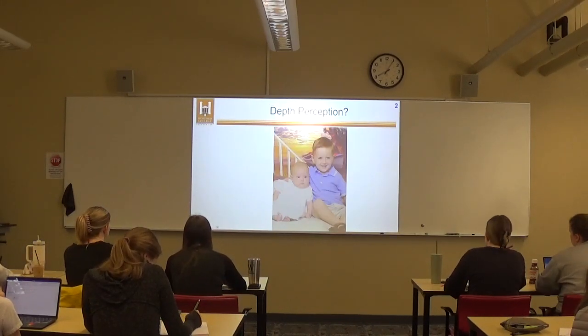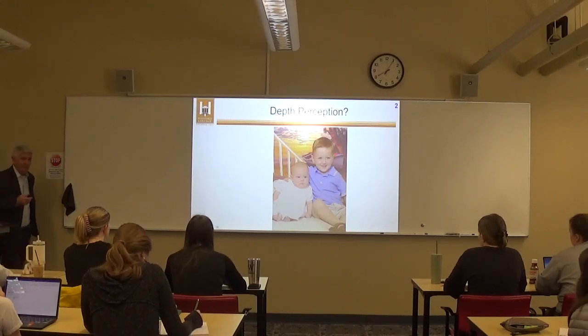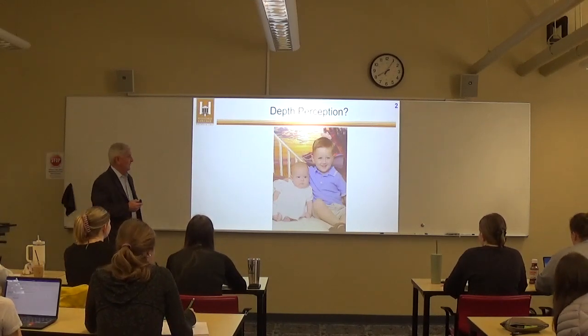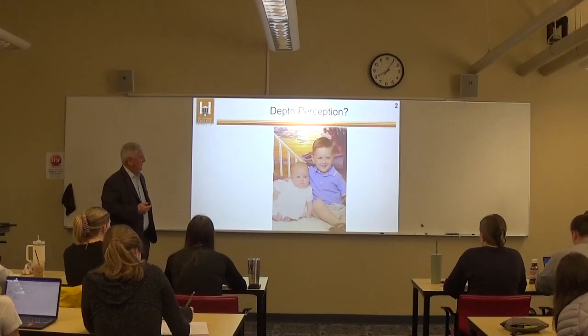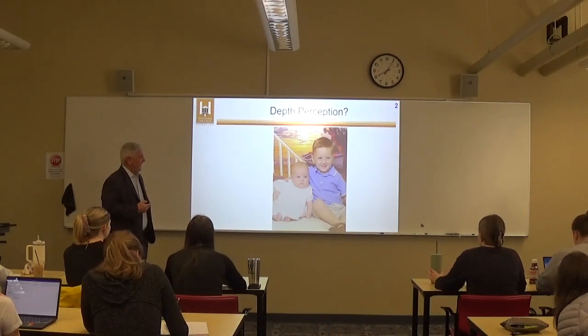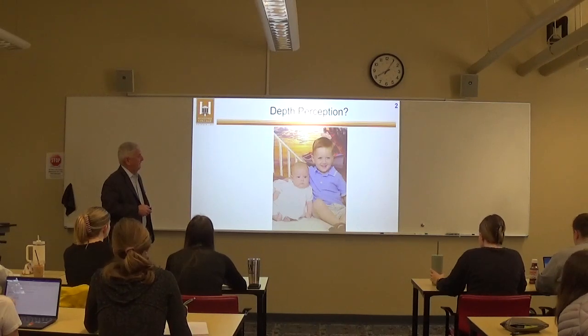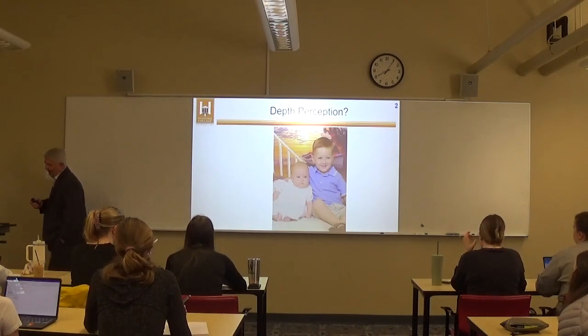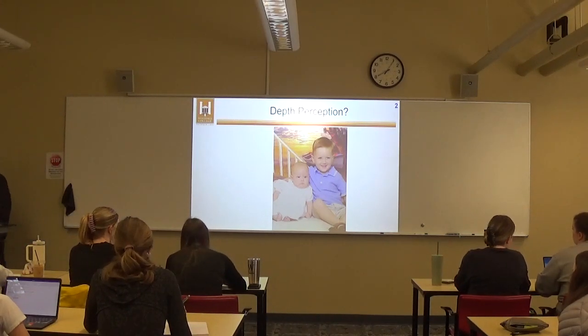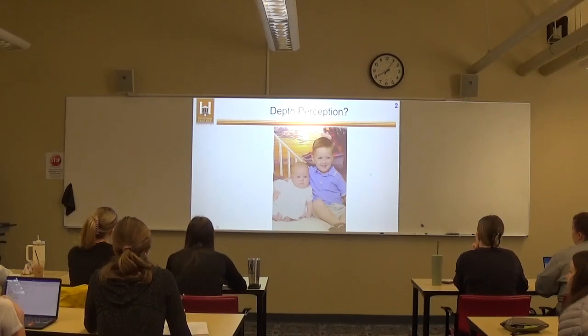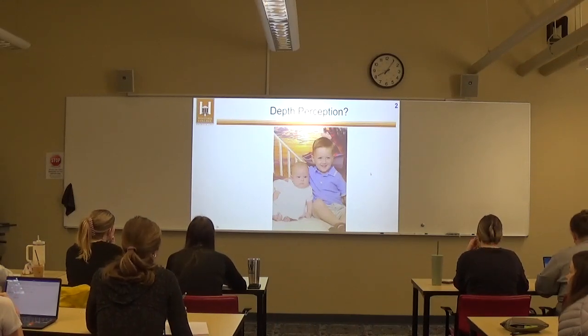Here's the most embarrassing picture I could find of my kids over 20 years ago. If you look at this image, what are some of the things that we've talked about in terms of visual perception?